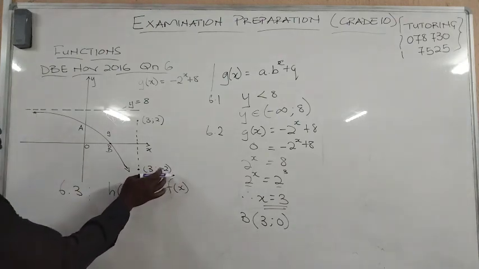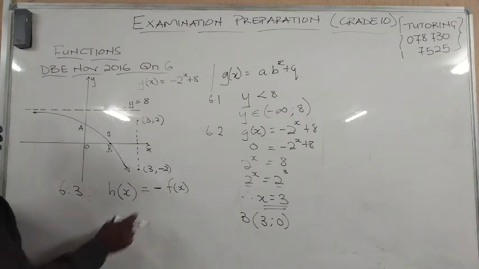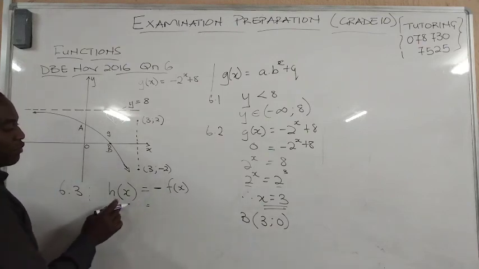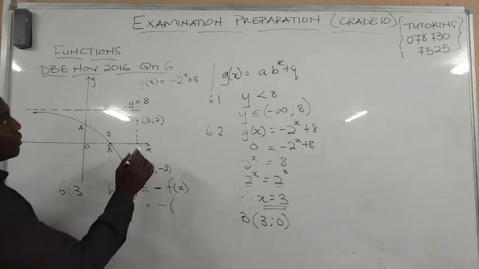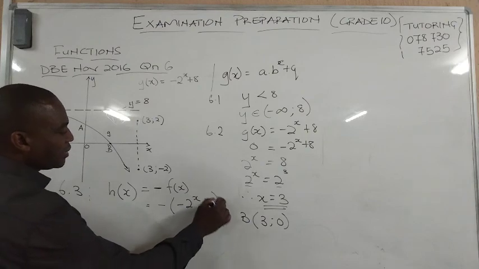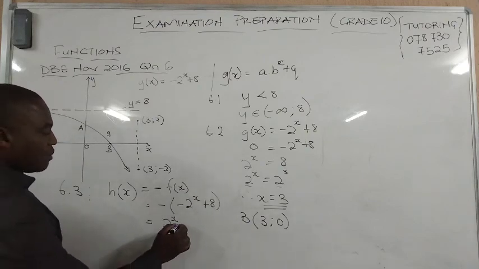So we are multiplying the y-coordinate, which is g of x, by negative. So the reflection of g of x to give h of x will be negative into negative 2 to the power x plus 8. So this will give us 2 to the power x minus 8.